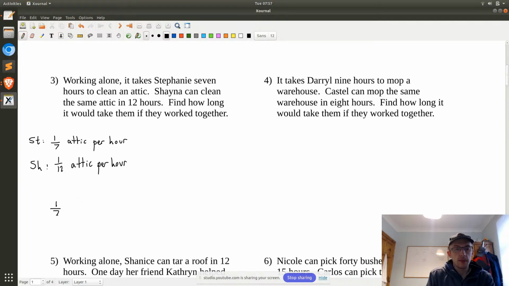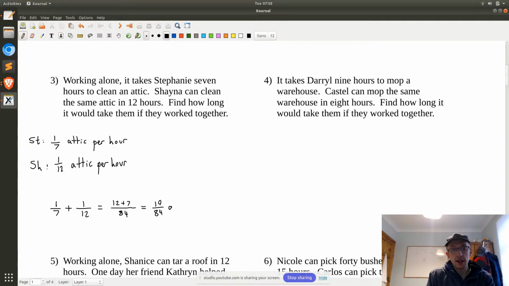Okay. Combined speed is a 7th plus a 12th, which is common denominator, please. That would be 84. 7 and 12 on, well, 12 and 7 on top. I should get it. It doesn't matter, but to me it does. Okay. 19 over 84. That's their combined speed.